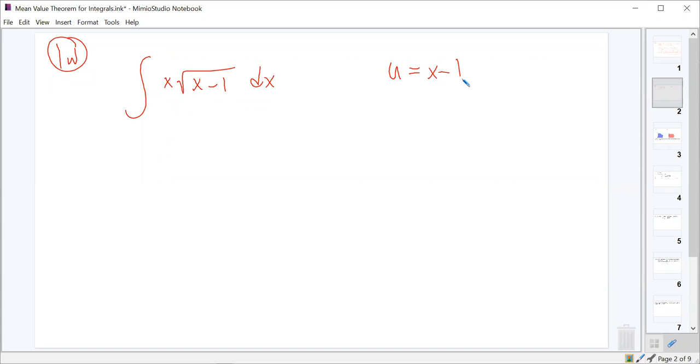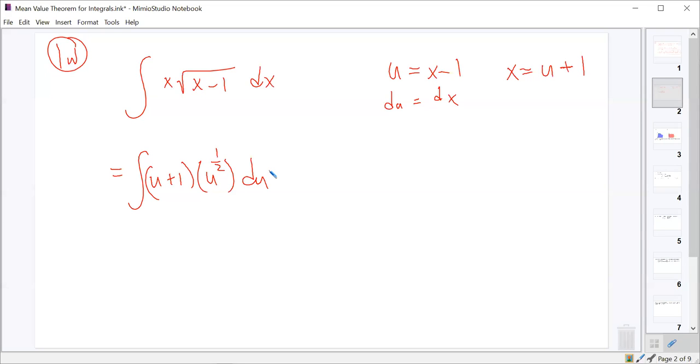So if we let u equal what's inside the square root, x minus 1, then just like the one before, du should be just dx. And in this case, x should be u plus 1. And so we should be able to go in now and replace the x with a u plus 1, and then the x minus 1 with a u. And square root of u is the same as u to the 1/2. And we'll replace the dx with a du. Good or no?